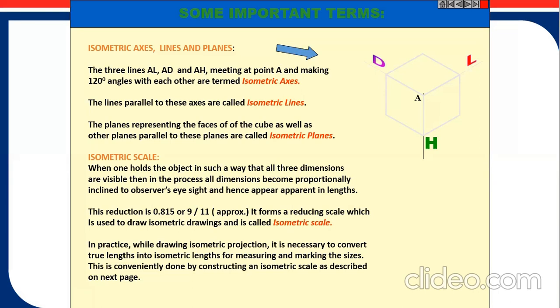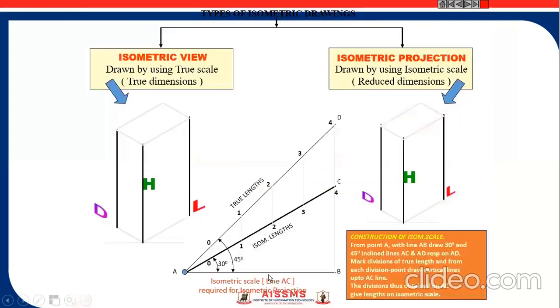So we multiply by 0.815, or 9/11. In practice, while drawing an isometric projection, it is necessary to convert true length into isometric length. This is conveniently done by constructing an isometric scale as described next.